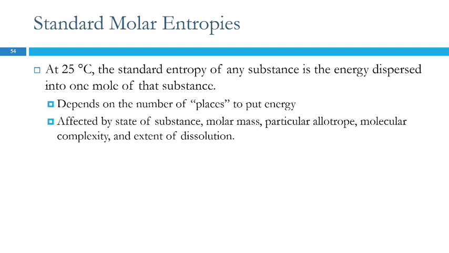What's its molar mass? What allotrope are we looking at? So an allotrope is a different form of the same thing. So carbon, graphite and diamond are both pure carbon, but they're different allotropes. They have very different properties. The molecular complexity and how much the solution is dissolved. Yep, question?